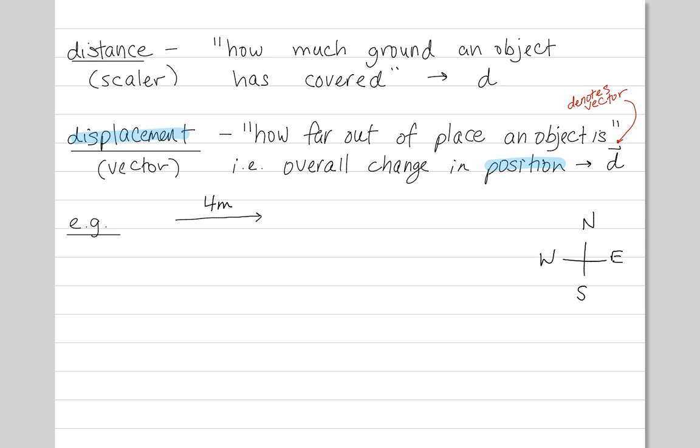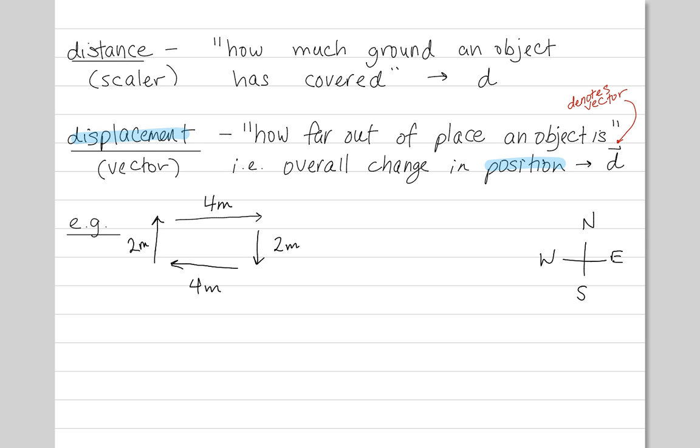So we've traveled 4 meters right, or we've traveled 4 meters east, however you want to look at it. Then physics man travels 2 meters down or south, however you want to look at it. And then he travels 4 meters west, and I apologize for those not being straight lines. And then he travels 2 meters north. Very, very common example for just understanding the difference between distance and displacement.